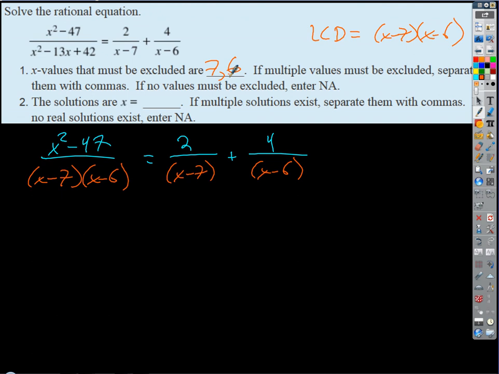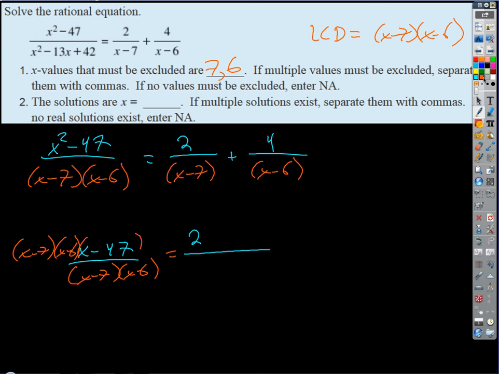If I multiply through then, so I end up with, what's going to happen here?